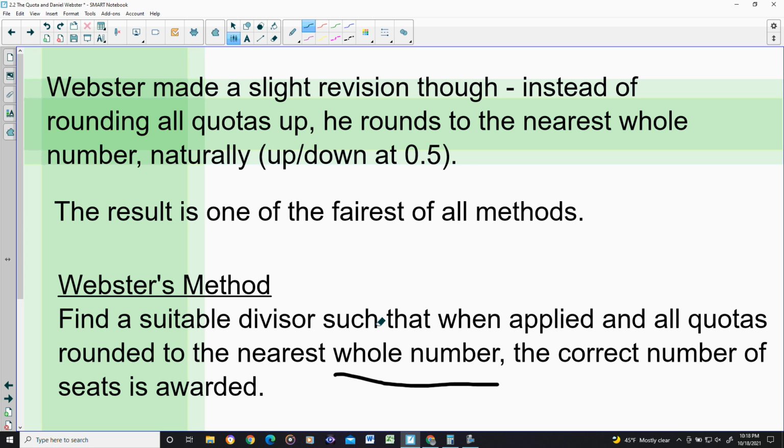But what's going to happen is a state that rounds up is going to balance with a state that rounds down. And that means there's a seat that doesn't have to be allocated. Interesting.